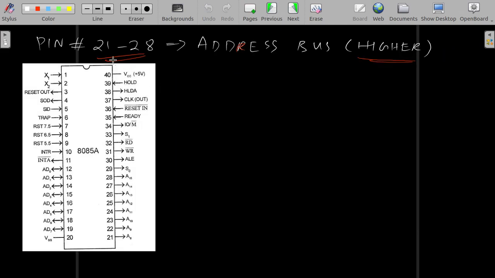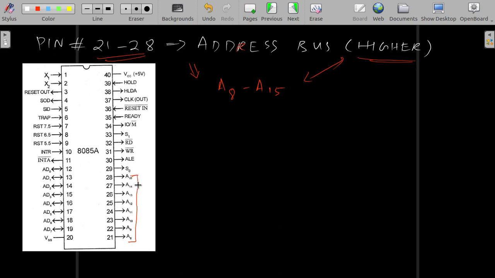So these pins 21 to 28, let's see where they are. They are obviously A8 to A15, which is the higher byte of the address bus, right? And they are given as outputs because the processor just gives out the output.